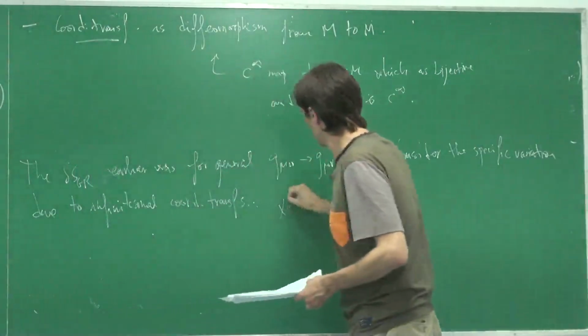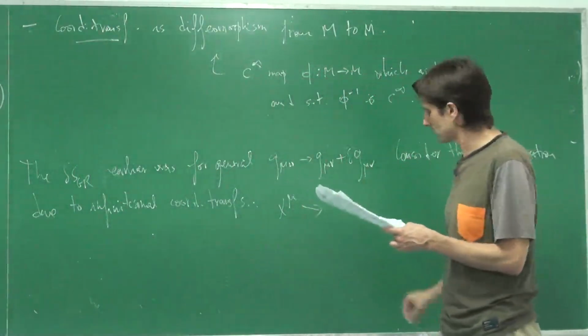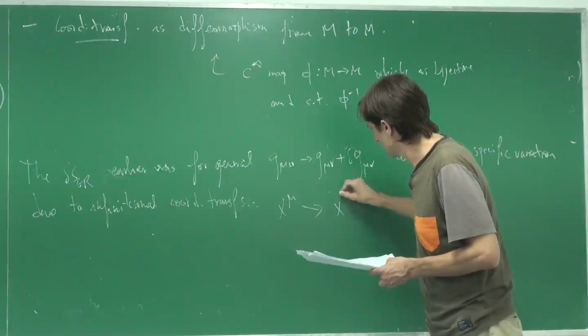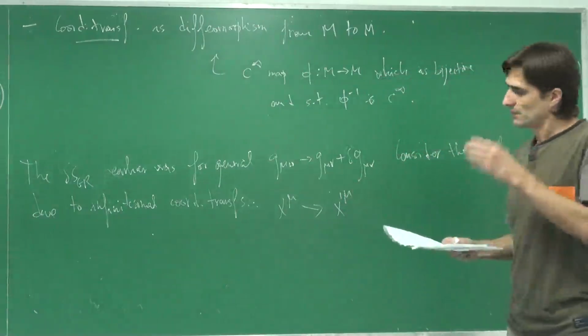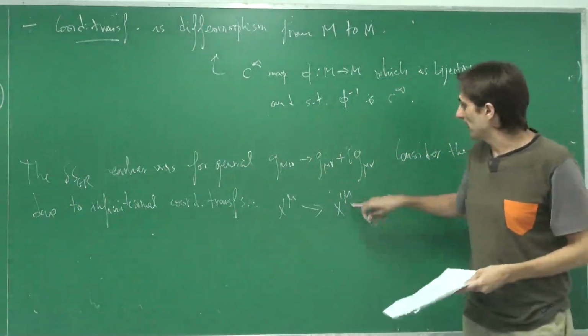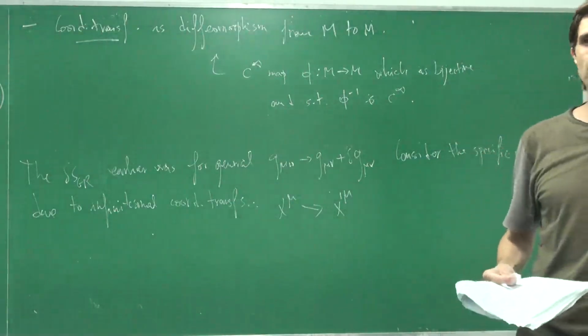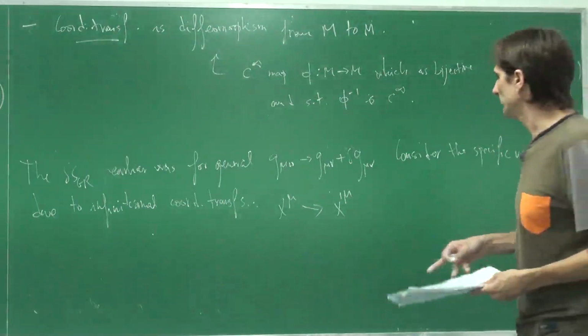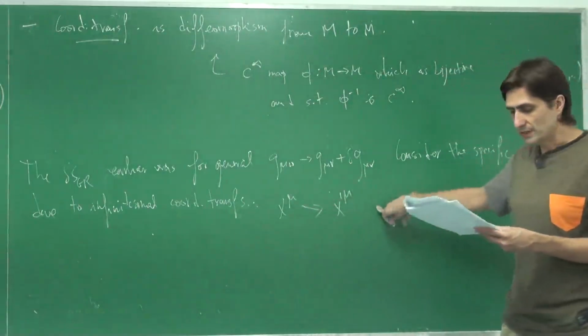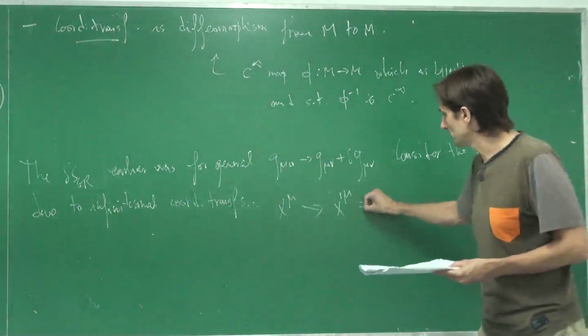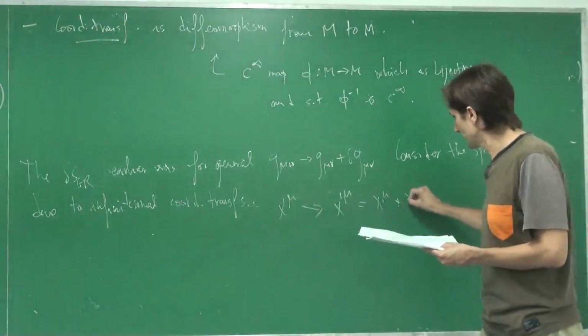Okay, so in here, you change x mu to x mu prime. Some people put the prime after the index, some people put the prime on the index, some people put the prime on the point. Usually I put it on the index, but for this derivation I'm going to put it on the point. It's more clear to do it like this.